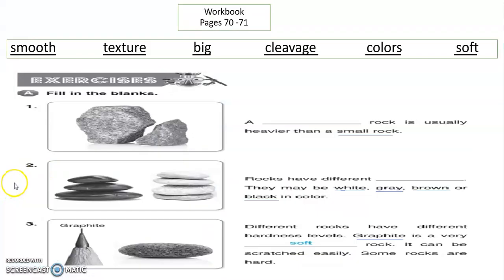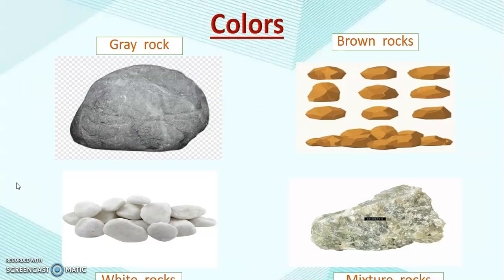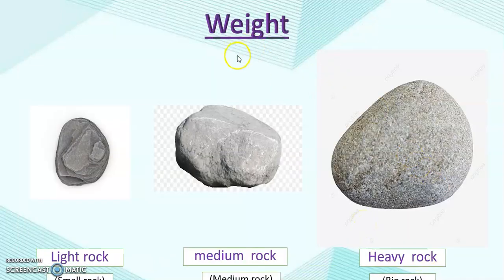Again, number 1, colors. They have gray rocks, brown rocks, white rocks, and mixture rocks. Number 2 is presence of cleavage. This is the cleavage of rocks. Number 3 is the weight.